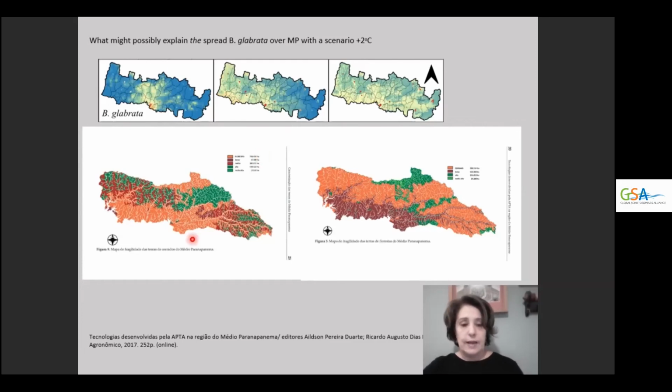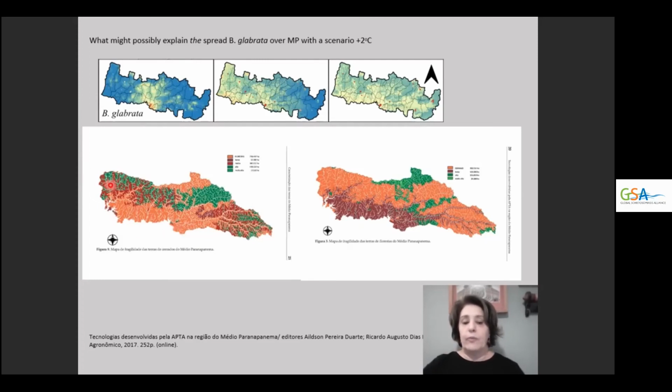But another kind of explanation is based on the soil composition, because the Paranapanema region has two different soils in its composition, and Biomphalaria tenagophila is today in sites where rich clay soils exist.